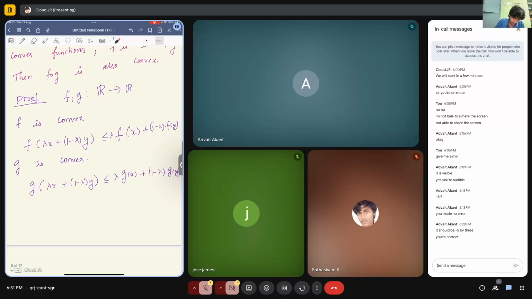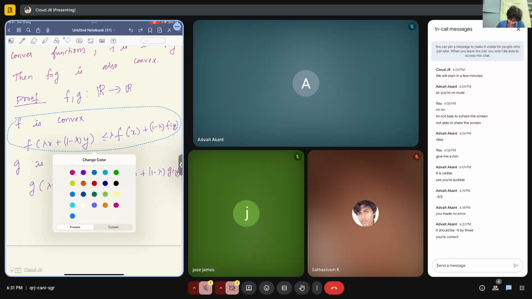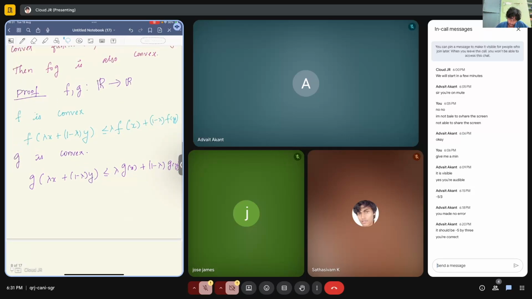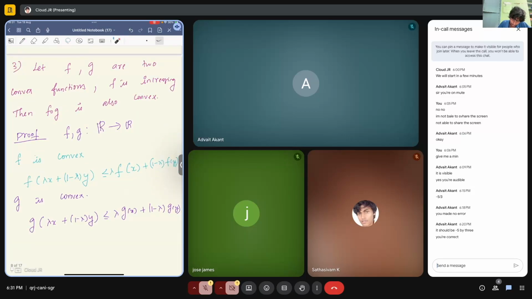Maybe for now I may not need the fact that f is convex. Right now, we want to find f composed with g, so let's start with g first.